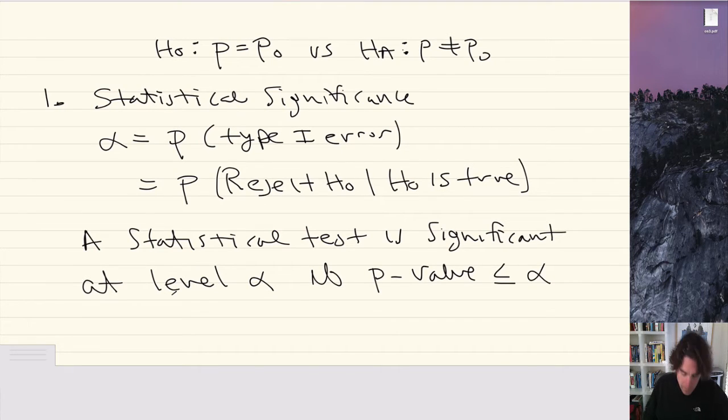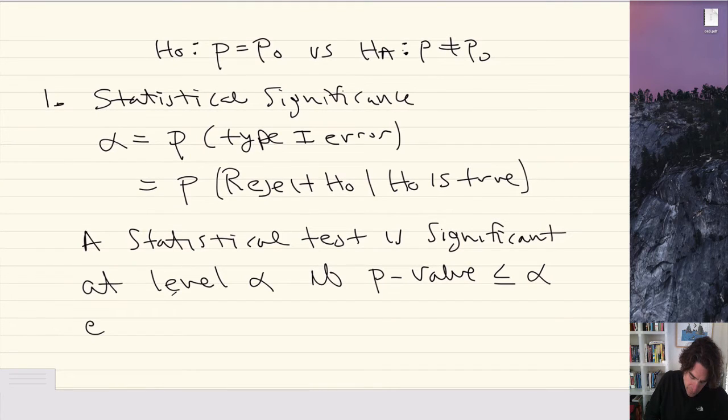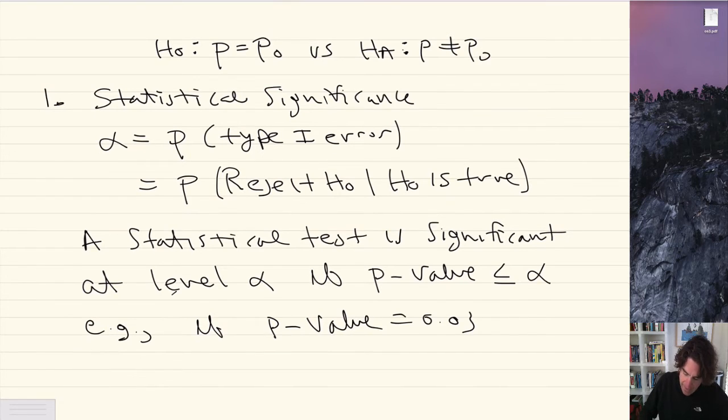So for example, if the p-value was equal to 0.03, and let's say alpha was equal to 0.05, then the test would be statistically significant at the 5% level, but not at the 1% level.